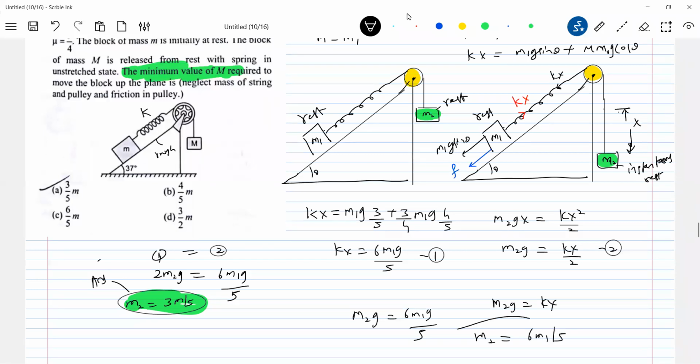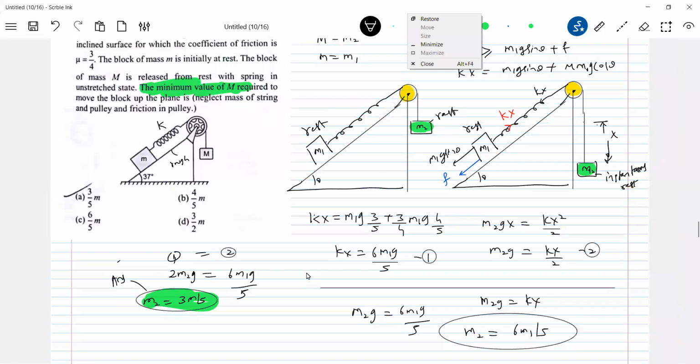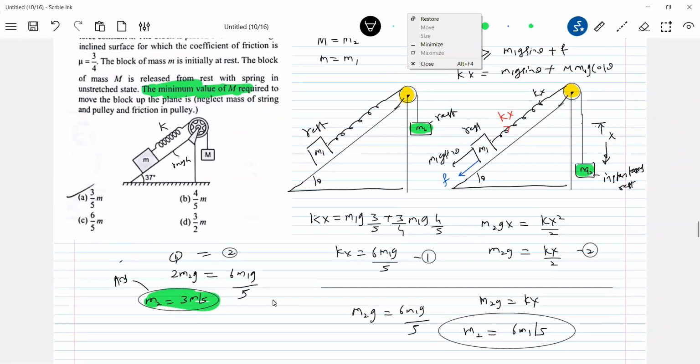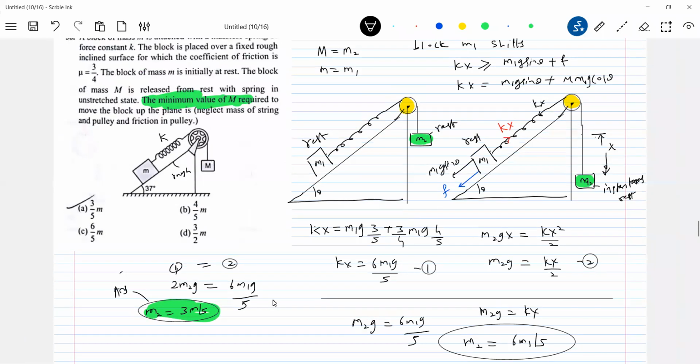Now, why can't this be the answer? Sir, by that we mean it is in equilibrium. Wait, let me talk. In between, don't disturb. See, what was the question asked? Find the minimum value of M2 required to move the block up the plane.